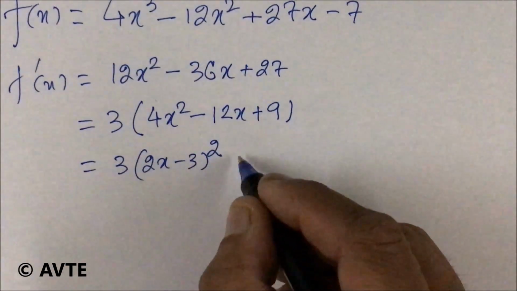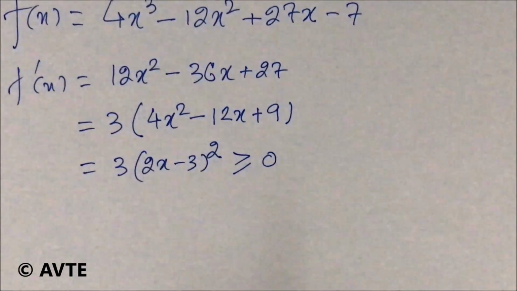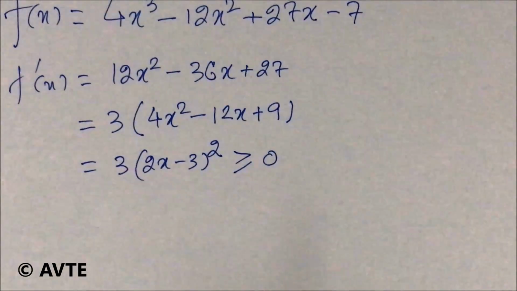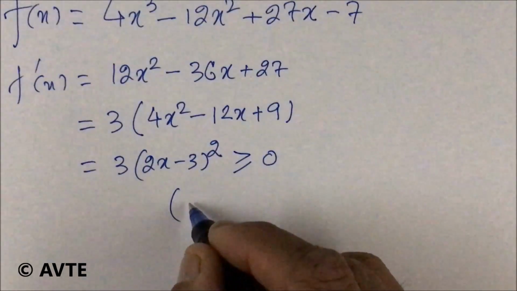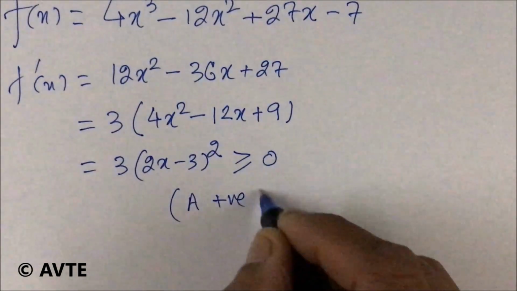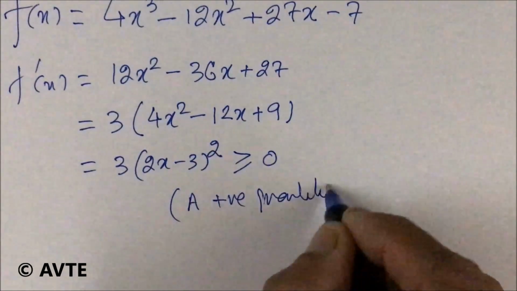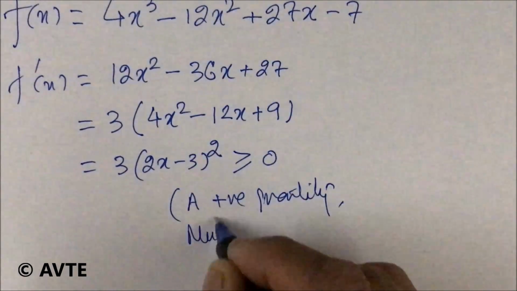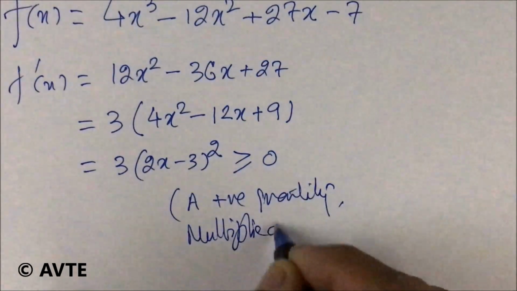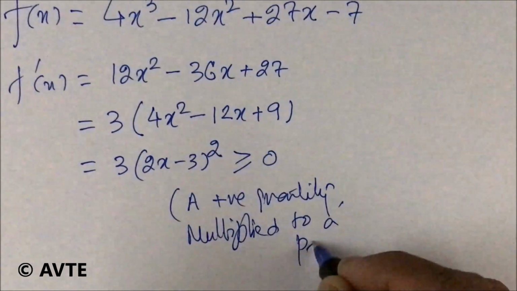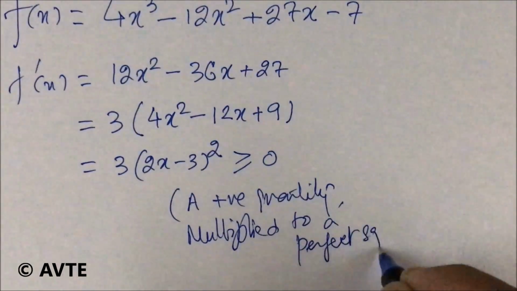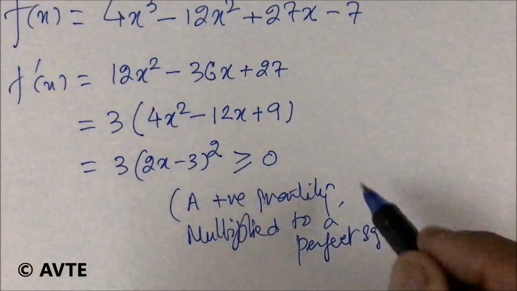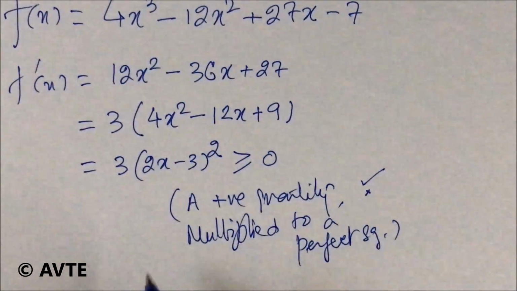So this is always greater than or equal to 0 because we have a positive quantity multiplied to a perfect square. Well, since it's a 2 marker, there is no need to write this, but this is the logic.